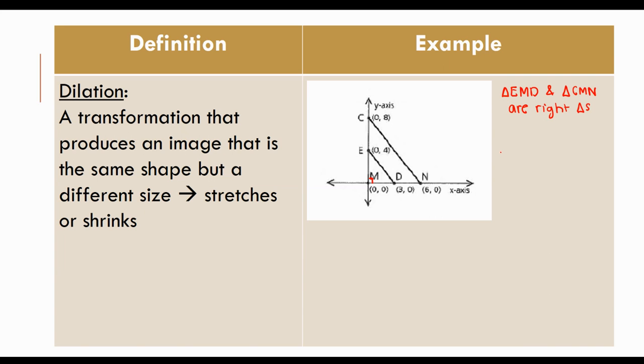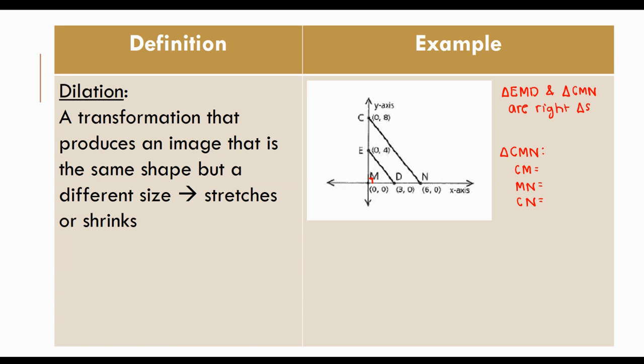So let's focus on the triangle of CMN first. Okay, so notice that there's three sides. There's the side CM, there's the side MN, and then there's the side CN. So notice that the side CM, well, M is at the point 0, 0, and C is at the point 0, 8.